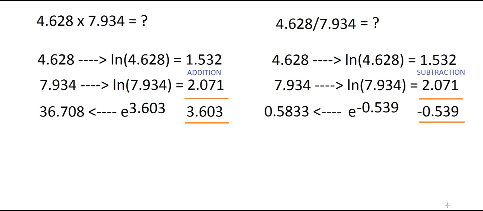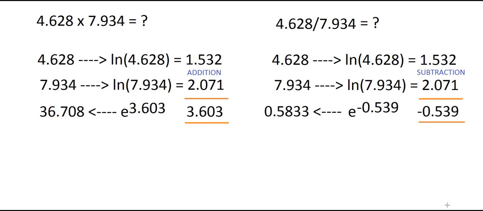But suppose that we're living 4 centuries ago and we don't have such mechanical assistance. What would a human calculator do, given that they had access to logarithm tables and also to anti-logarithm tables? Well, first thing you'd do would be to look up the logarithm of 4.628 and you'd get the number 1.532.